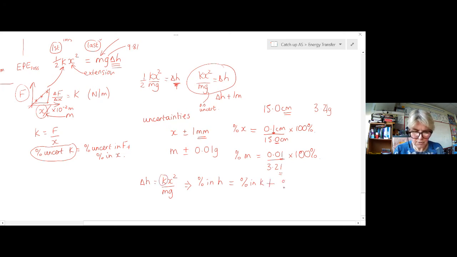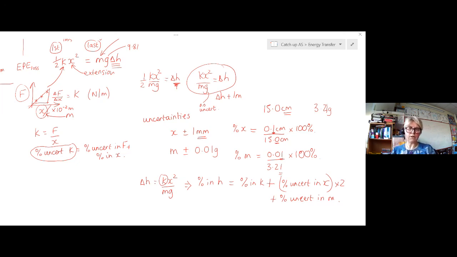Add percentage uncertainty in X, but we're using it twice because we're doing X times X, so we times that by 2. And then to that, we add the percentage uncertainty in the mass. Okay, and that will give you the total percentage uncertainty in the height.